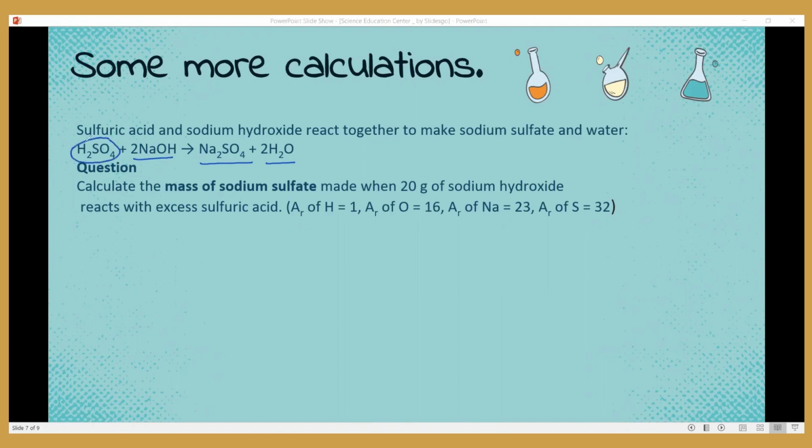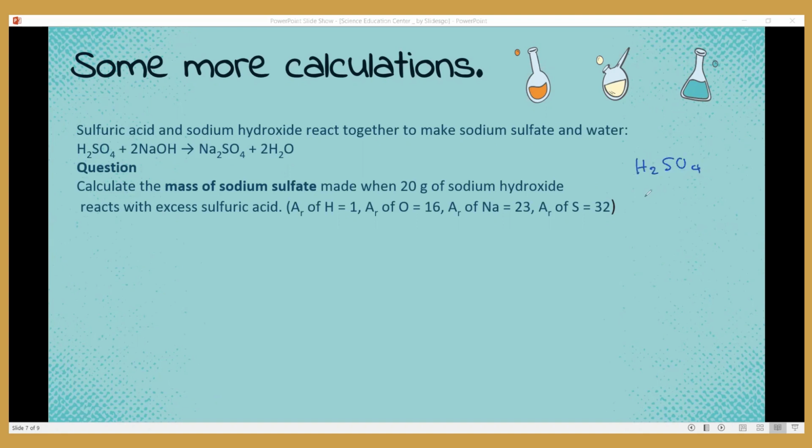So we are provided the sulfuric acid in excess, but the sodium hydroxide's amount is limited to be 20 gram. Now the question is to find out the mass of sodium sulfate that will be formed. So first of all, let's work out the molar mass of each of these compounds.